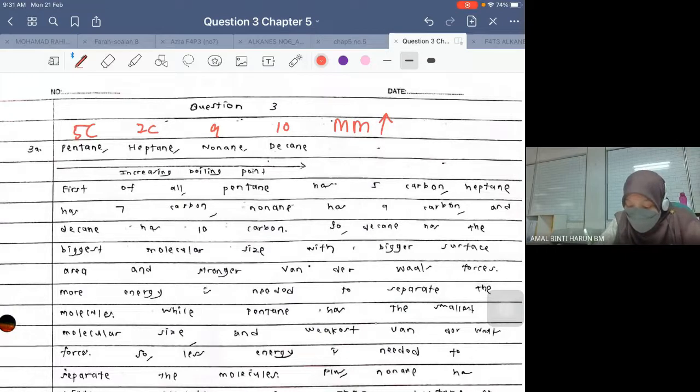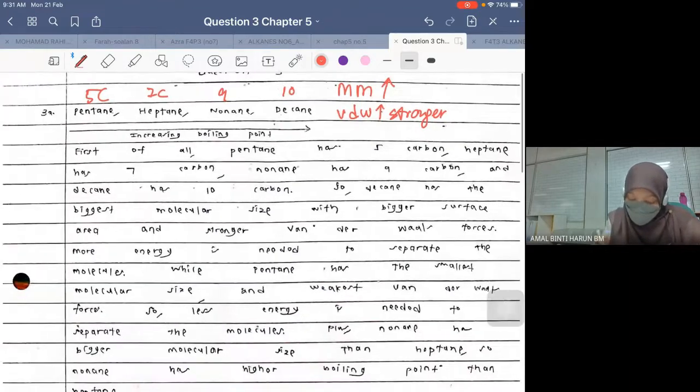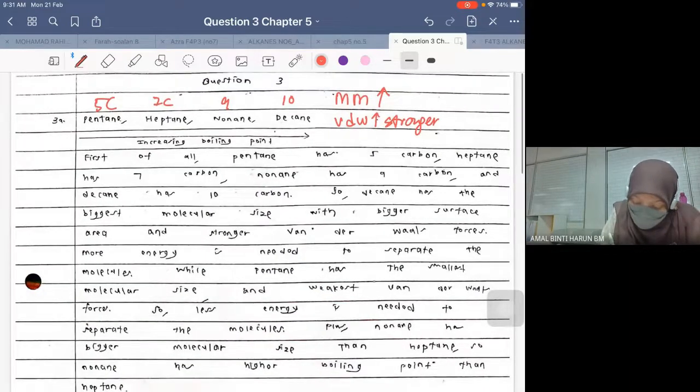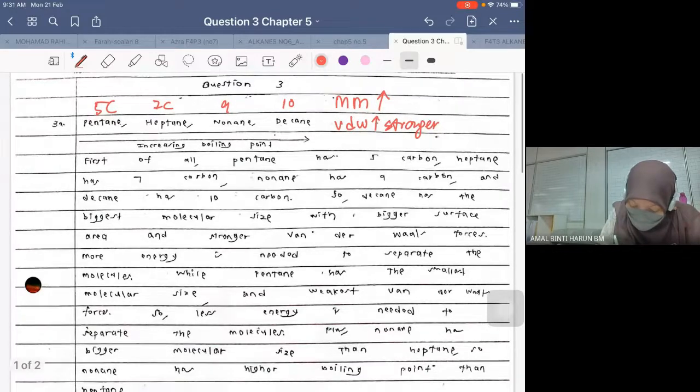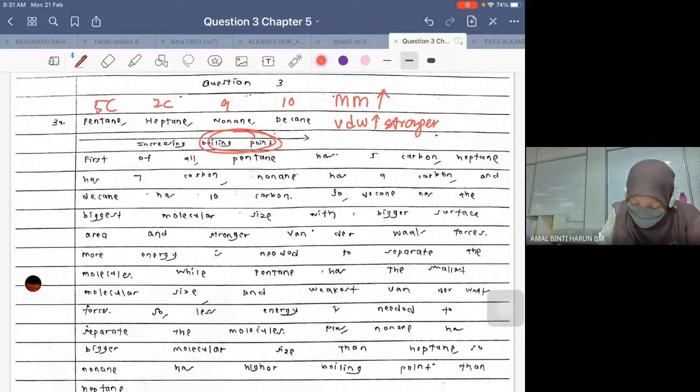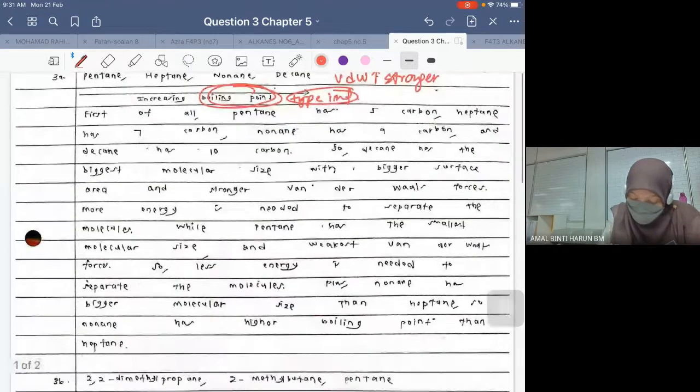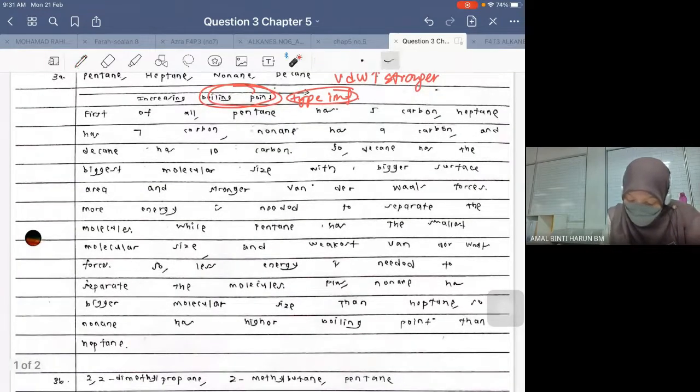So since the molar mass is getting increased, the van der Waals forces also getting stronger as the molar mass increase. So look at here, bila you nampak je boiling point, must mention the type of intermolecular forces tu. Yang ni yang kena consider. Okay, nak tengok Sharon jawab macam mana.